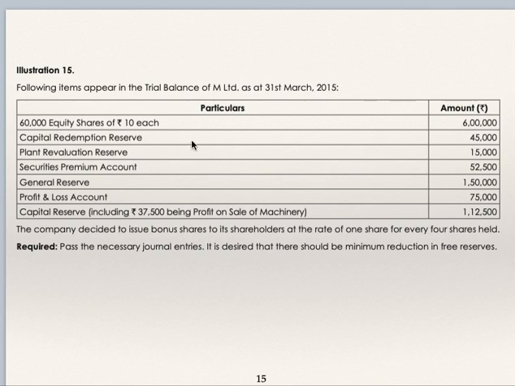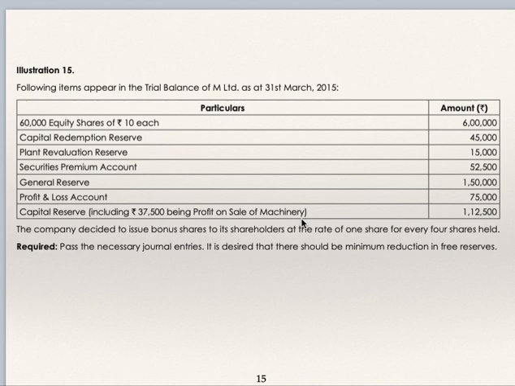Now we'll see illustration 15 so that it will be clear to you. The following items appear in the trial balance of M Limited as at 31st March 15: 60,000 equity shares of 10 each, 6 lakhs; capital redemption reserve 45,000; plant revaluation reserve; securities premium account; general reserve; profit and loss account; capital reserve 1,12,500, and in the bracket it is given that it includes 37,500 being profit on sale of machinery.